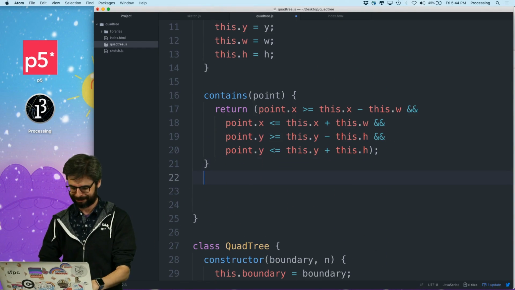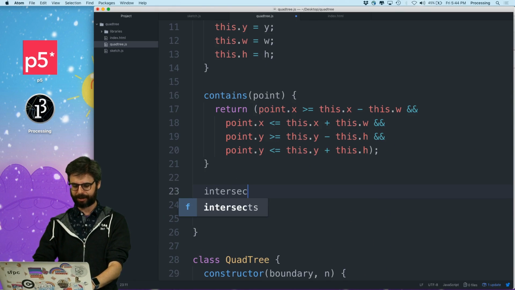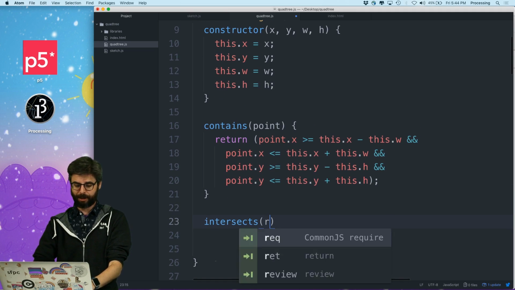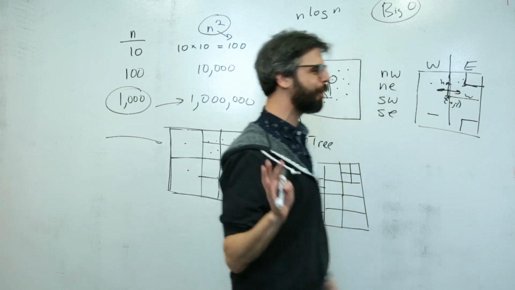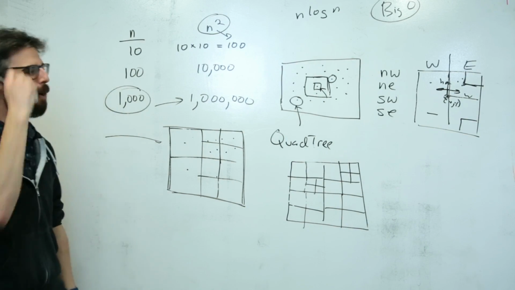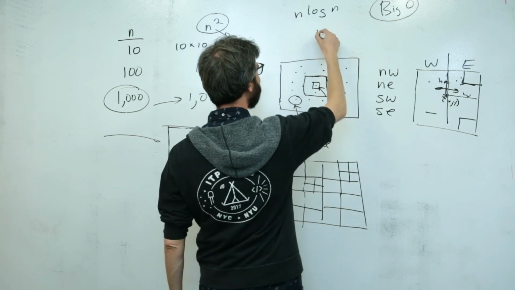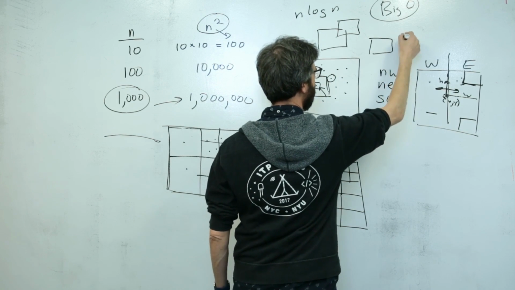But guess what? I can write one. So, oops, idea. I'm going to write an intersects function, intersects another, I'm going to say range. There was another coding challenge where I had to do this. I can't remember what it was. It was one of my early coding challenges where I had to test, do two rectangles overlap or not?